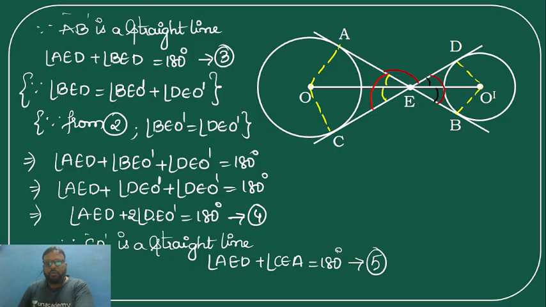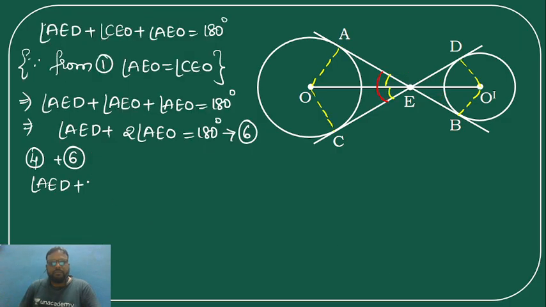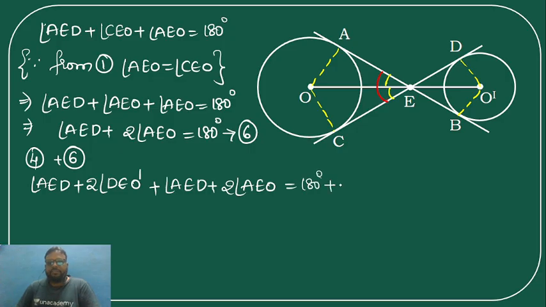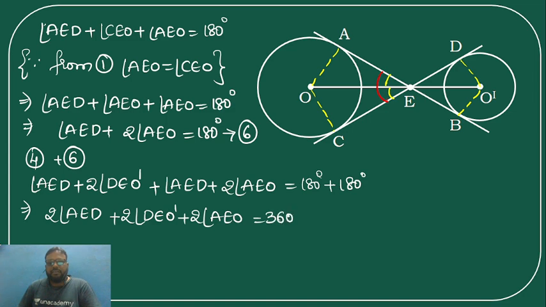Angle AED plus 2 angle DEO' plus 2 angle DEO'. This is LHS of equation number 4. Similarly, LHS of equation number 6, angle AED plus 2 angle AEO is equal to RHS of fourth equation, 180 degrees, plus RHS of sixth equation, also 180 degrees. So it is 2 angle AED plus 2 angle DEO' plus 2 angle AEO is equal to 360 degrees.